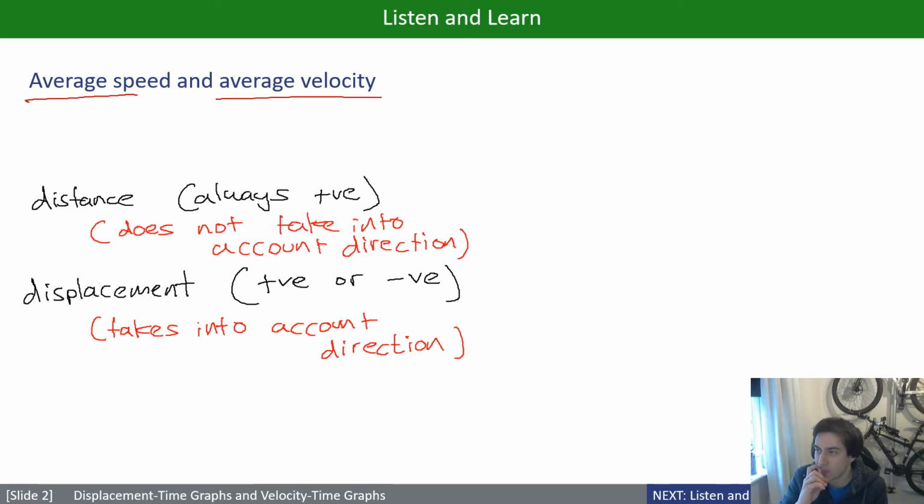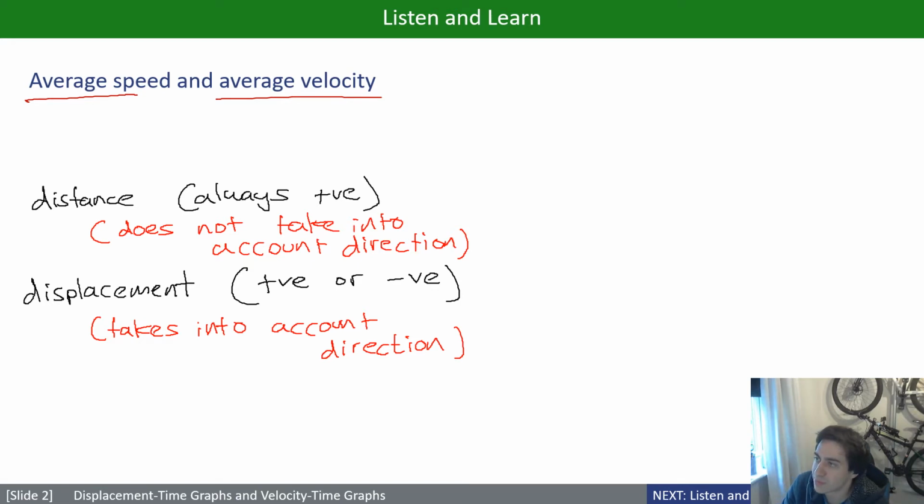So for instance, if I consider that situation from before, if I ran 1 kilometer and ran back 1 kilometer, the total distance is 2 kilometers, but the total displacement is 0 kilometers, because displacement is measuring my final position taking away my initial position. In this case, if I start where I end, my displacement is 0, regardless of how far I may have traveled in between.